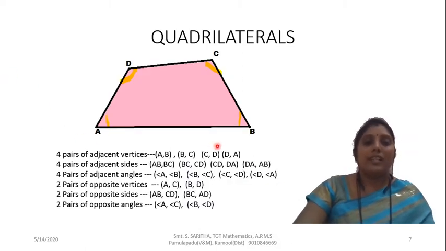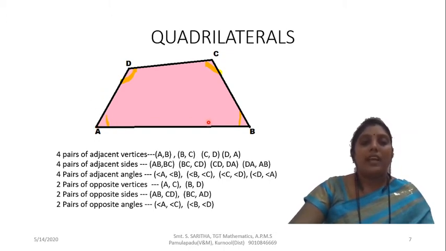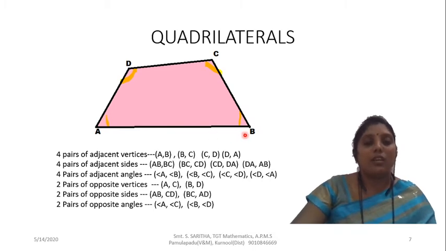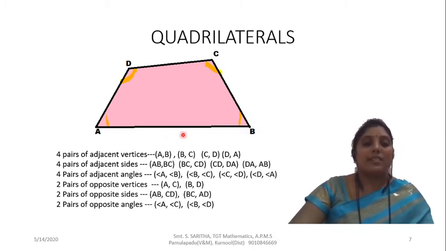Now observe the quadrilateral ABCD here. Point A and point B are adjacent to each other. Similarly, vertex D is adjacent to vertex A. Vertex C is adjacent to vertex B, whereas A is also adjacent to B. So the two vertices which are adjacent to each other are called adjacent vertices.